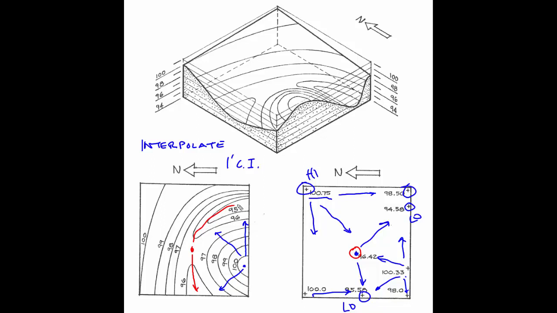You might say, how do you get that curved flow path? Well, that's part of the interpolation process. But notice where this flow path crosses these contours, the contours form V's on the ground. See that? Do you see this V configuration?